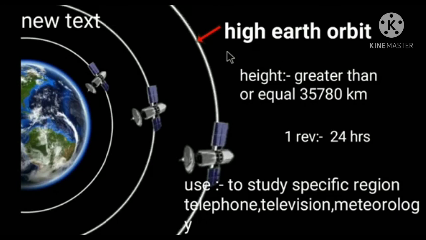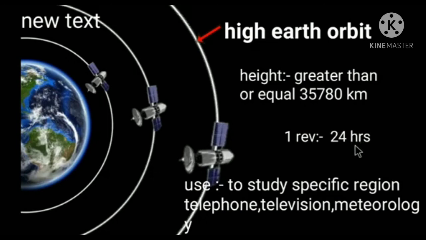Now let's study more about high Earth orbit. As we have studied the three orbits, low, medium and the last is high Earth orbit. Height of this orbit is greater than or equal to 35,780 km. That's why to complete one revolution around the Earth, these satellites used to take 24 hours.